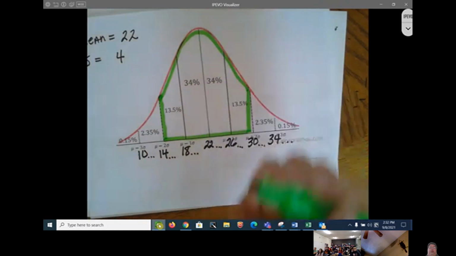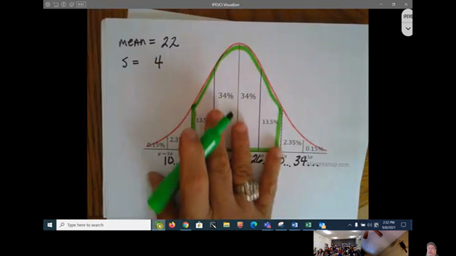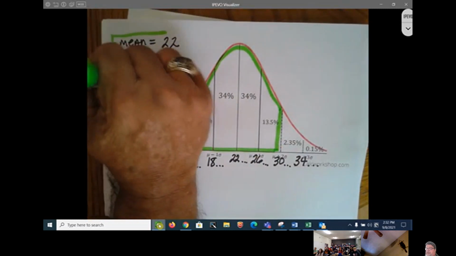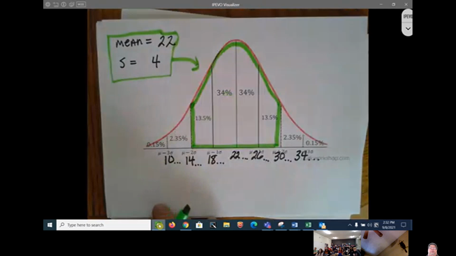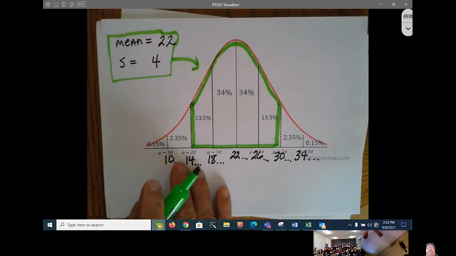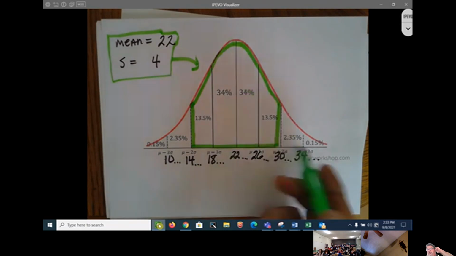So if you're given a question on the test or the homework, and all they give you is this, chances are they want you to do the empirical rule. You might want to write that down because there's 2 or 3 questions on the test that people just don't even do. And all they had to do was draw a picture.